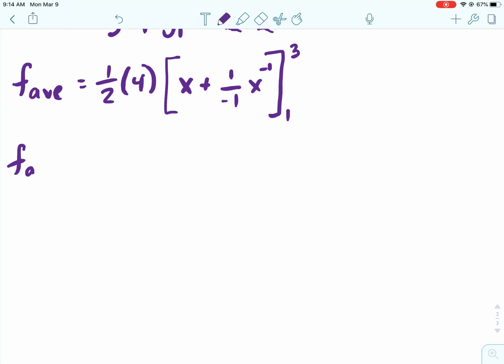All right, and then I'm going to clean that up a little bit, and then we'll use our fundamental theorem of calculus. So 1/2 times 2 is 2. All right, and then 1 over negative 1 is obviously negative 1, so minus. And then what does x to the negative 1 mean? 1 over x. Good job.